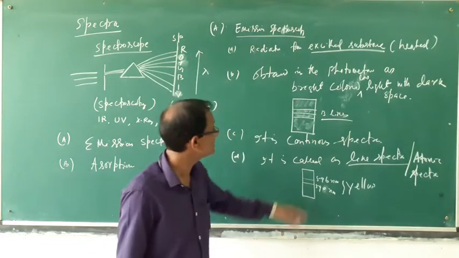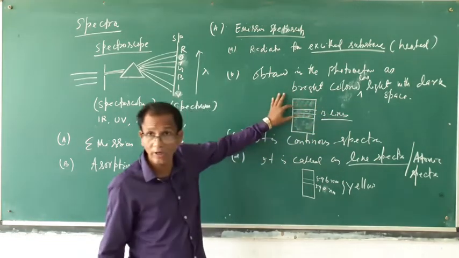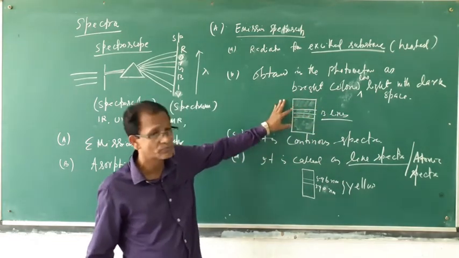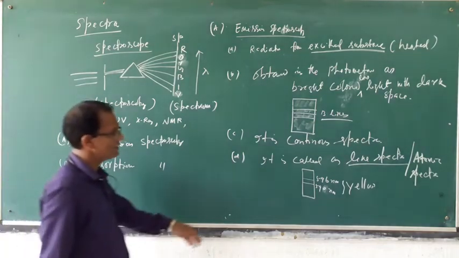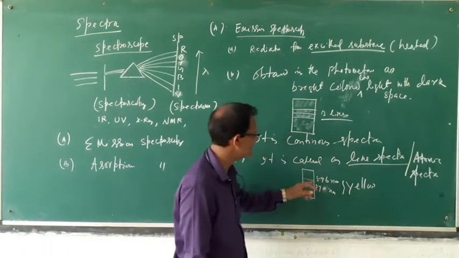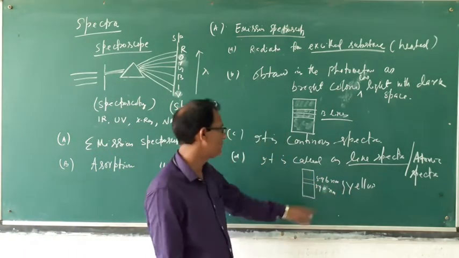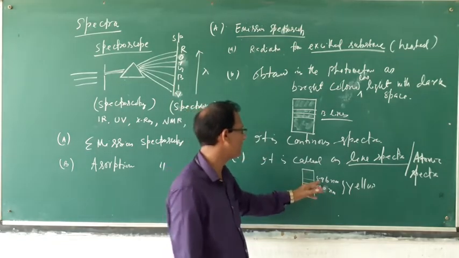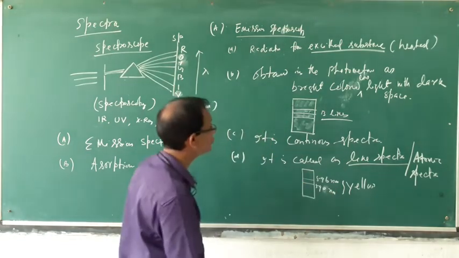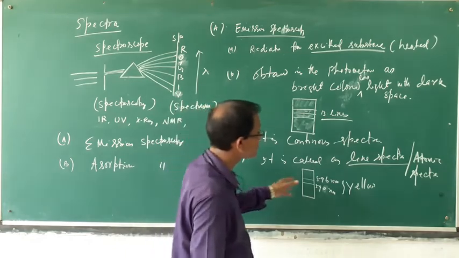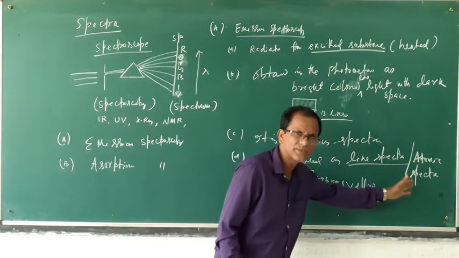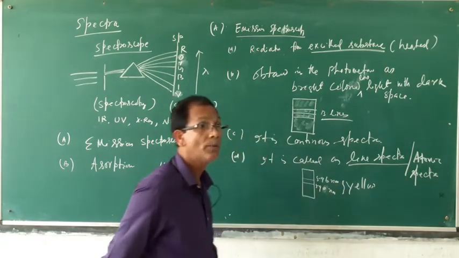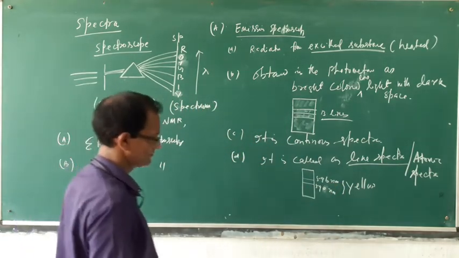Already we have discussed that bright lines mean color lines are produced for the sodium atom. These two color lines, 590 nanometer and 596 nanometer, are produced. That's why it is called line spectra, atomic spectra, and also fingerprint spectra.